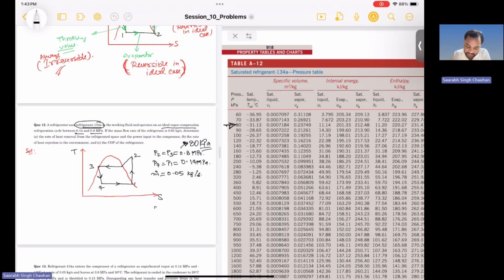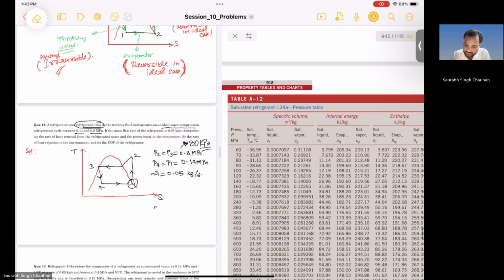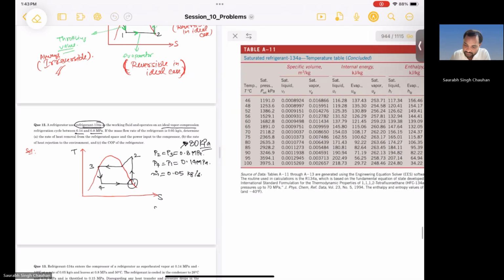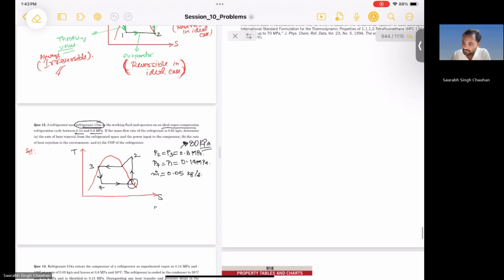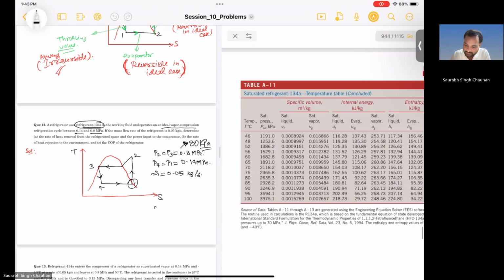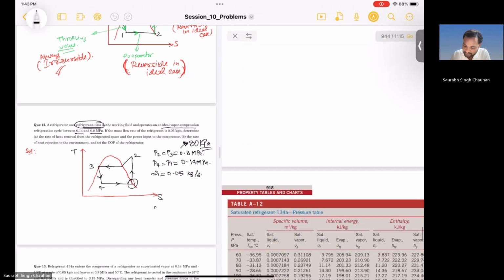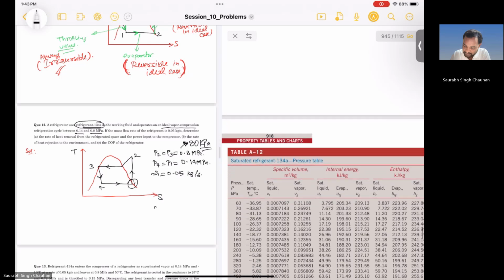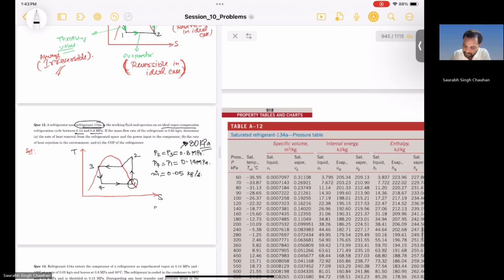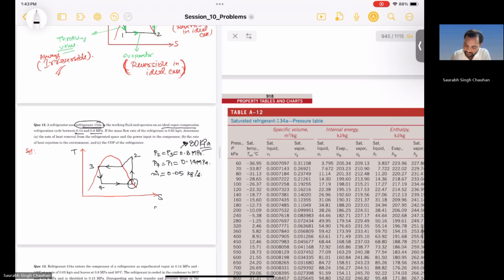Or we can begin with this point 1. Sorry, this is 800 kilopascal. And this is 140.